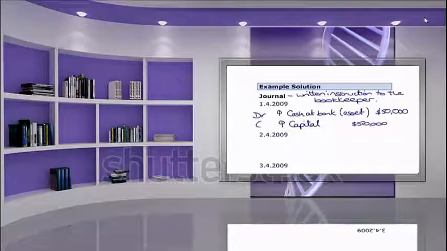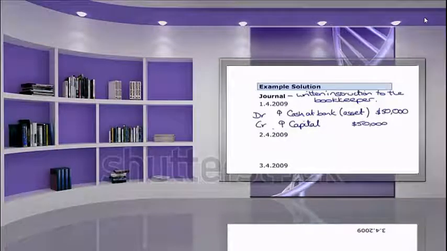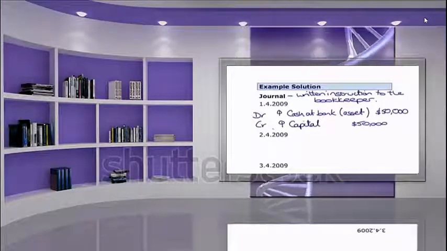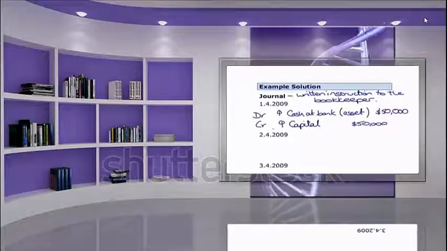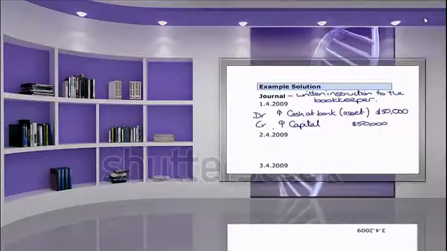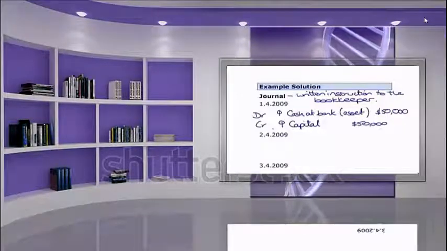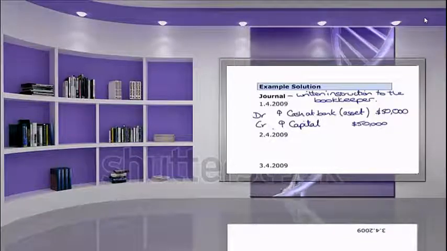So that's what we'll do there. So CR, credit, an increase in capital, or the capital account. Okay, so there we are. That's our double entry, the debit and the credit recorded. And we will post those debits and credits to our main ledger, our ledger accounts, later on. But that is our first transaction dealt with.